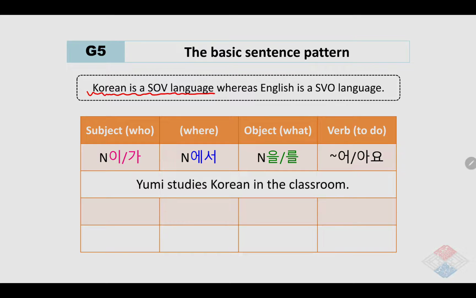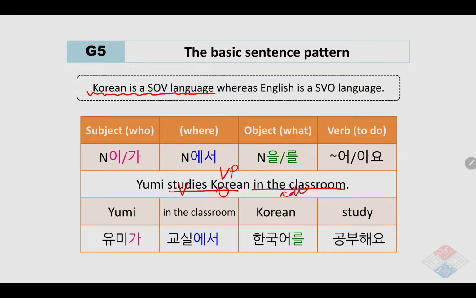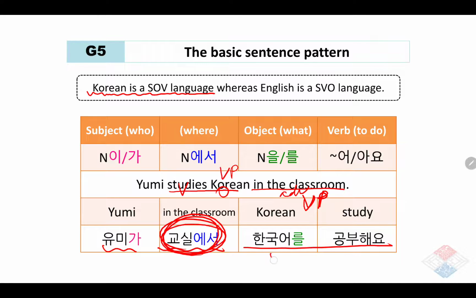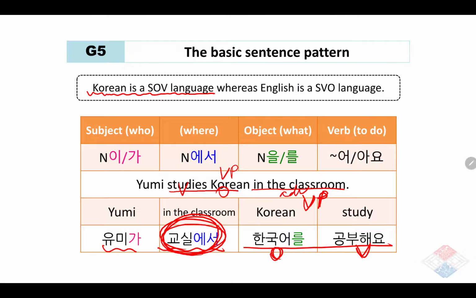So whereas English puts the verb and object in this order and the adverb after the verb phrase, in Korean you would put the adverb, 교실에서, in front of the verb phrase. 유미가 교실에서 한국어를 공부해요. 한국어를 is the object. 공부해요 is the verb. So subject, object, verb, language.